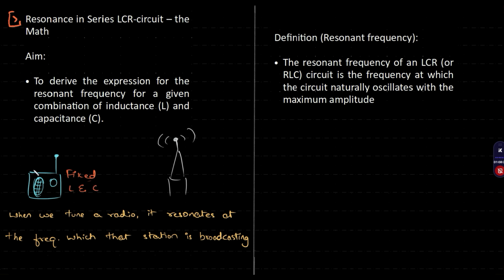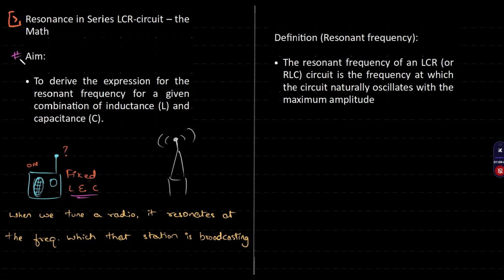Now, when you switch this on, what radio station will it tune to? That's what we are trying to figure out. Given an L and C value, what station will it tune to is what we are trying to derive.